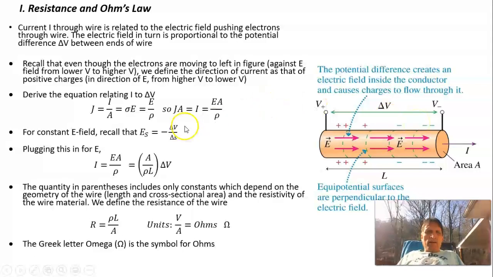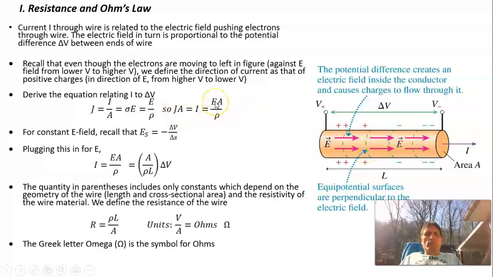If you recall back from chapter 25, the electric field magnitude along the s direction, which in this case would be along the wire, is equal to the negative of the change in potential over the change in distance. Now in this equation up here relating the current, this is the magnitude of the electric field, and so we would plug in the magnitude of this. We could ignore the minus sign here.